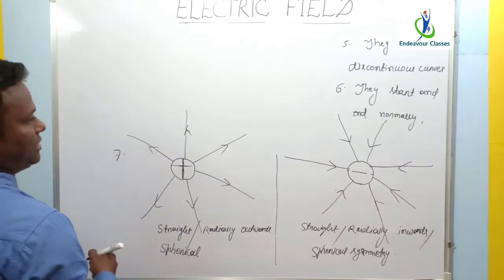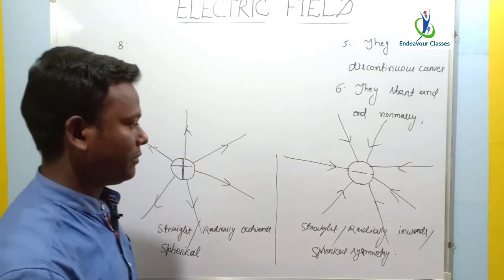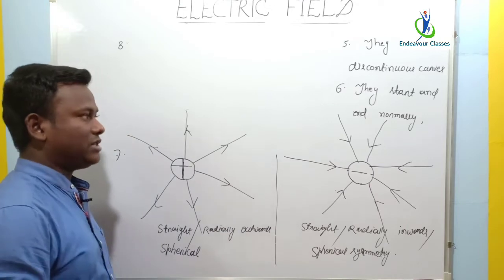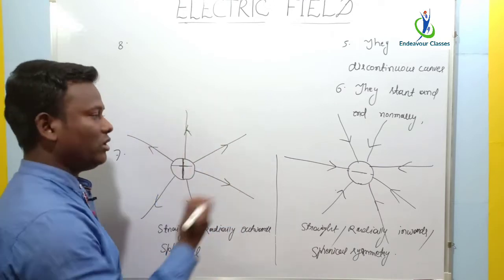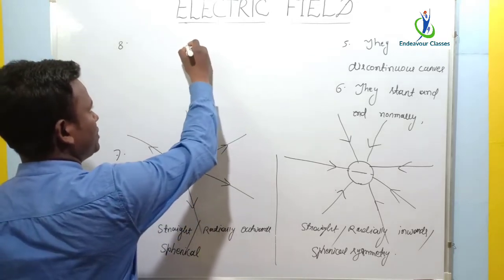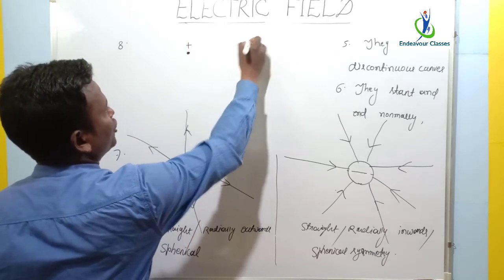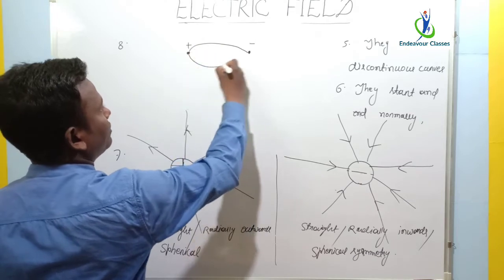Now the next point, your number 8 point, is for a positive and a negative charge. I have already drawn it. This was for isolated charges, and if we have two equal and opposite point charges, suppose this is positive and this is a negative point charge, the lines of force will start from positive and end at negative.